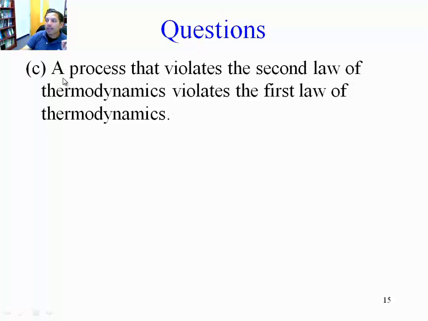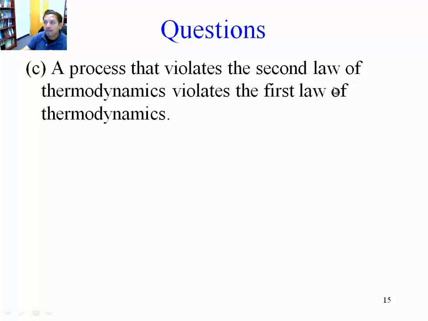A process that violates the second law of thermodynamics also violates the first law of thermodynamics. That's not true. That's also false. The first law of thermodynamics is completely independent from the second law of thermodynamics. One is conservation of energy, another one is a set of statements and corollaries that define the limitations and the irreversibilities of a system. They are completely independent, but they both must be simultaneously verified in order for a system to be real, to exist, to be plausible.